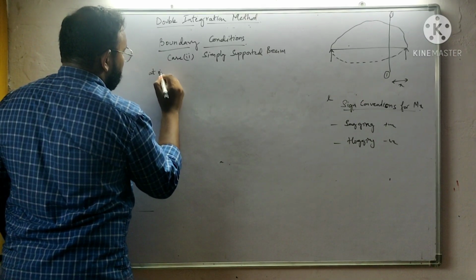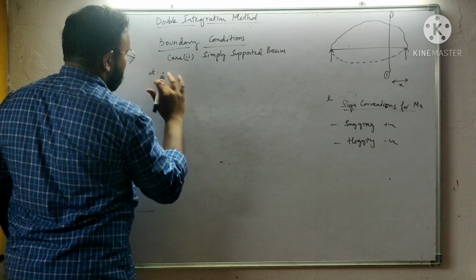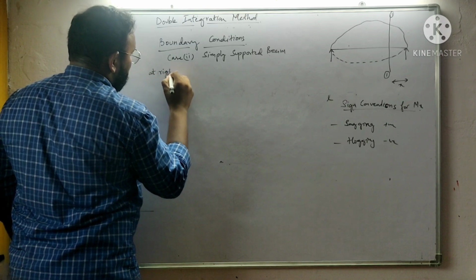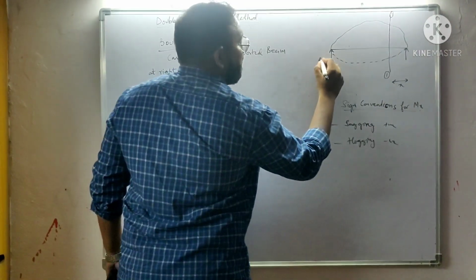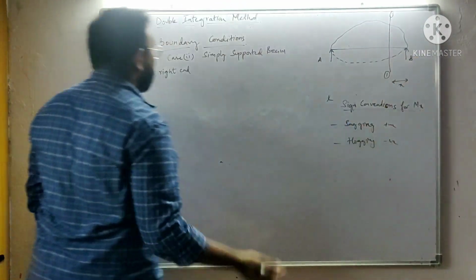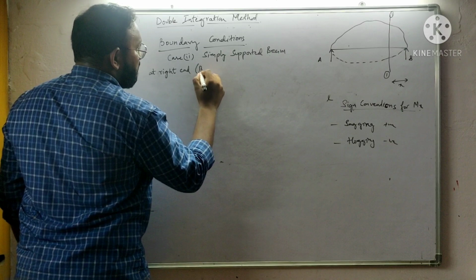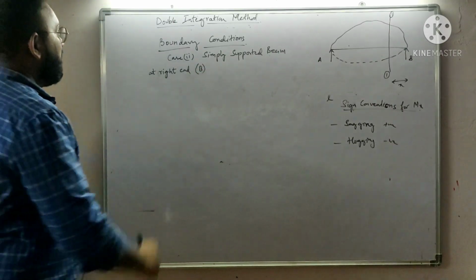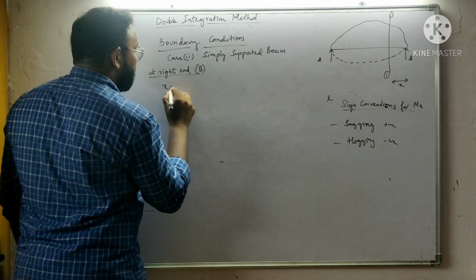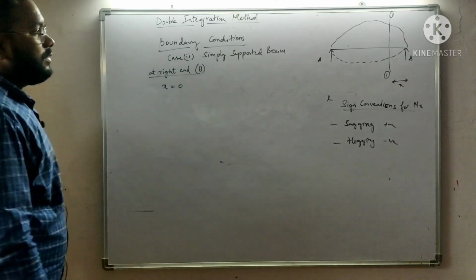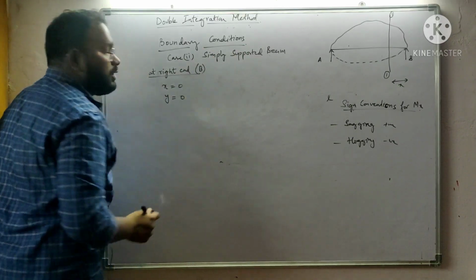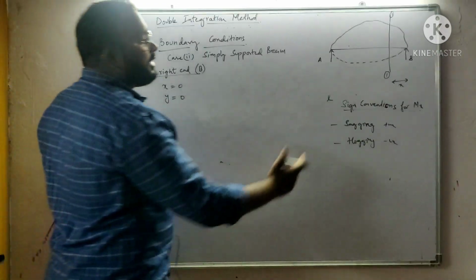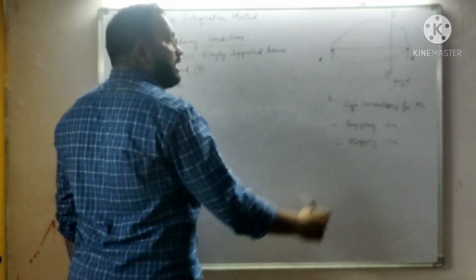Now, let the ends be A and B. If I move the section towards the right end B, x is equal to 0, because the section is moving towards end B. Also you don't have any deflection, so y is also 0 there.